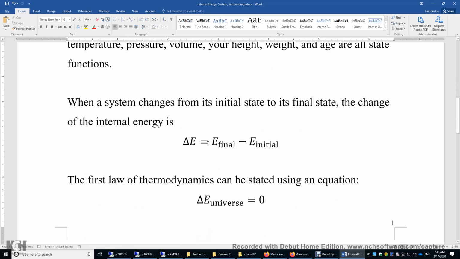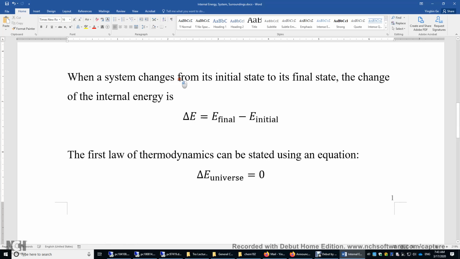When a system changes from its initial state to its final state, the change of the internal energy is very simple. It's the final internal energy minus the initial internal energy. And the change is denoted by this uppercase delta sign. Delta E equals E final minus E initial.